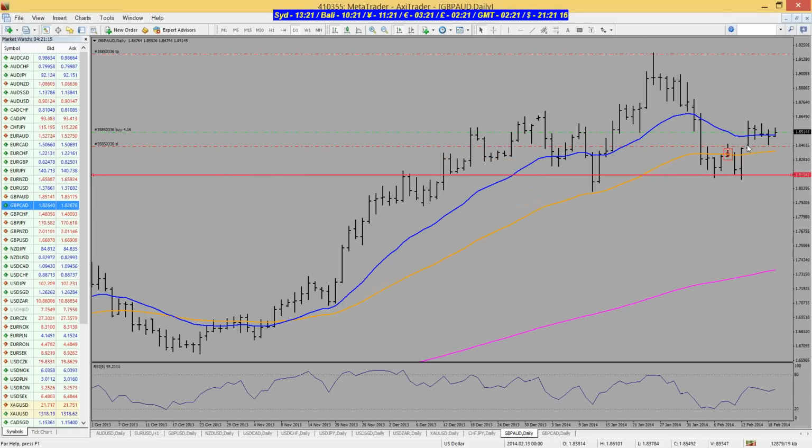Which is pretty much where I've got that stop. And if your stop's at break even, you see this reversal bar, you'd probably leave your stop because there's no point moving it 20 pips. You just leave your stop at break even.